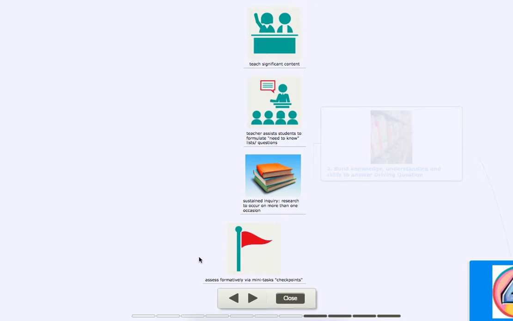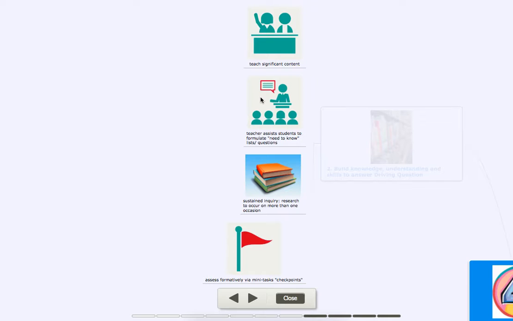So for example, going back to the vocab thing, you might give them every 3 or 4 days a vocabulary quiz, be it via using Quizlet or Quia or Language Perfect, for example, or a simple pen to paper exam or a quiz. So that's what it means by a mini task or a checkpoint. So that's the part that's kind of traditional, I guess, in how you would go about teaching a unit.